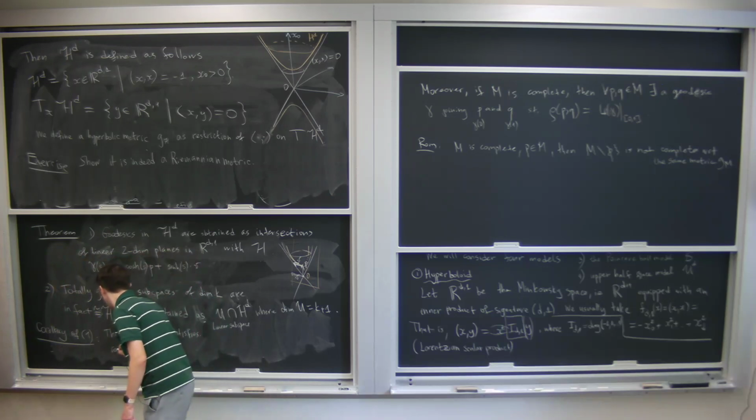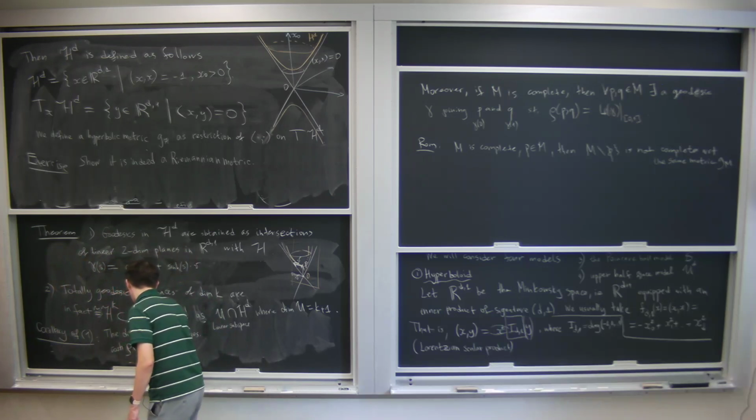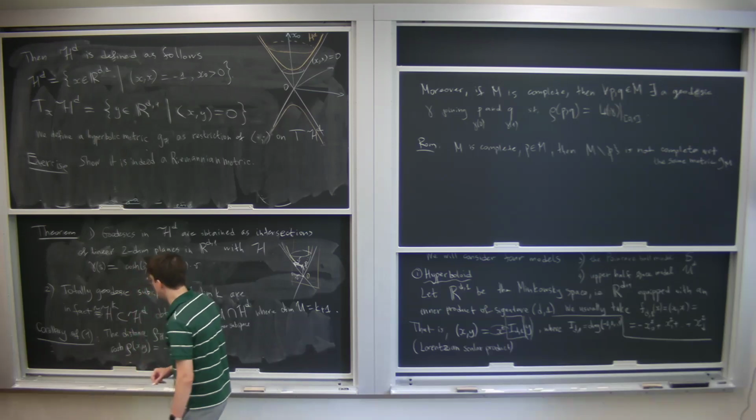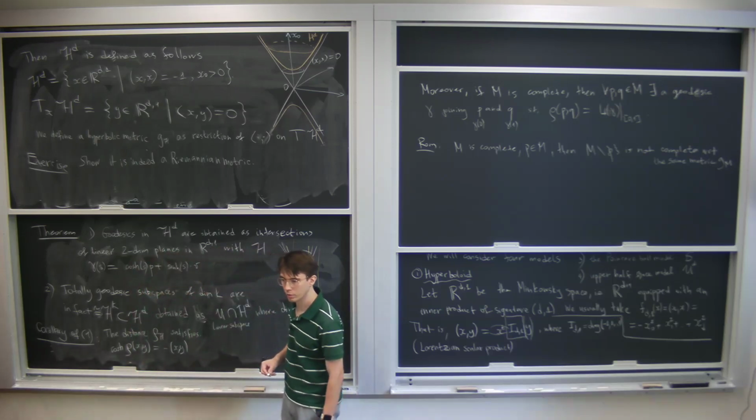The hyperbolic cosine of the distance between any two points x and y is equal just to minus the scalar product of x and y. It's a very simple and short formula.